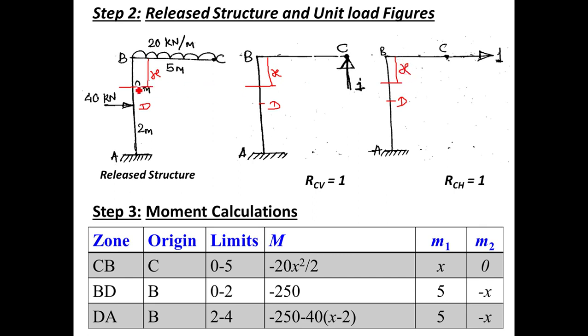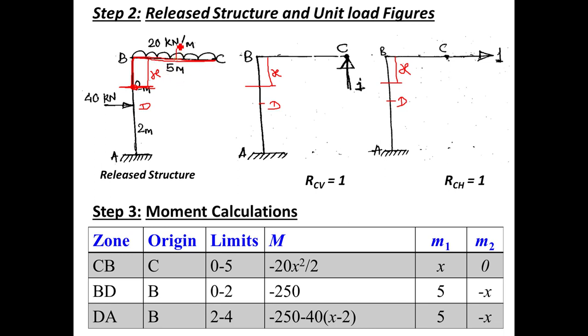Now we have to observe the upper portion of this section. Upper portion means not only the column, considering the beam also. It means this portion up to point C we have to consider, the complete portion. Now in the release structure, if you look at the upper part of the section, there is a UDL. If you convert the UDL into a point load, intensity is 20 and span is equal to 5 m.